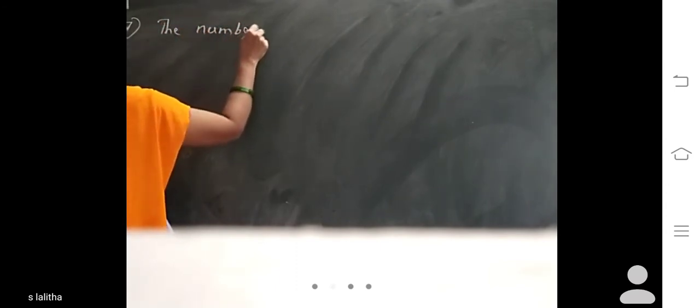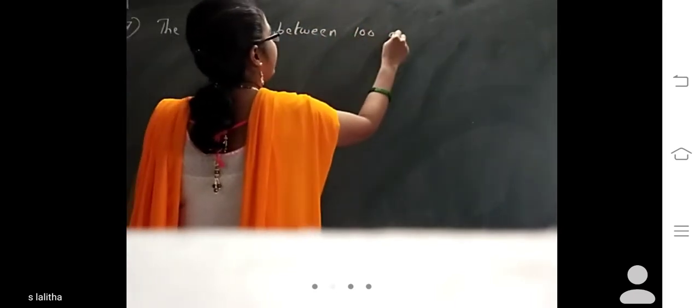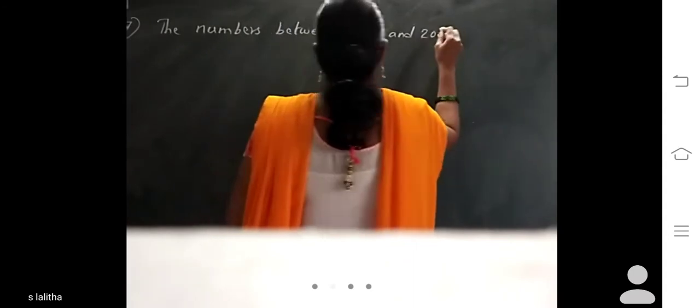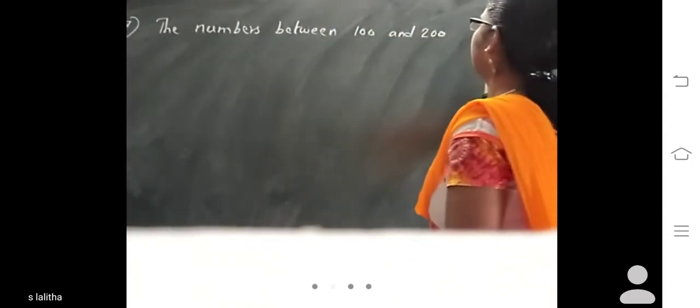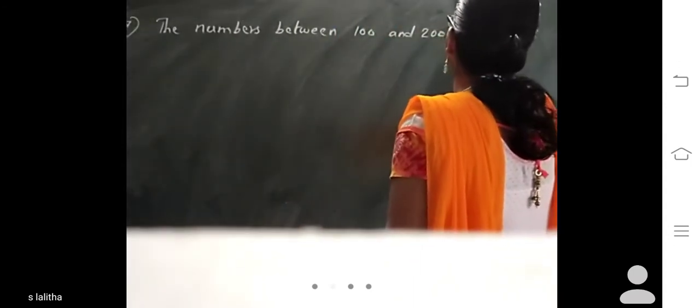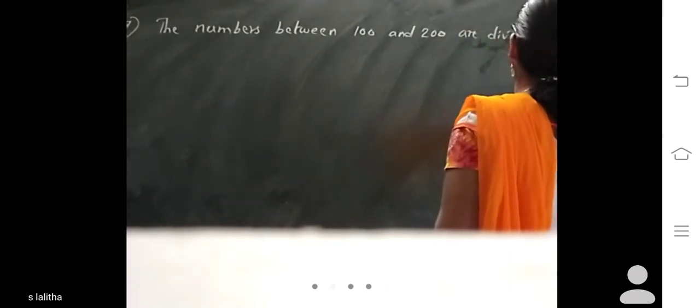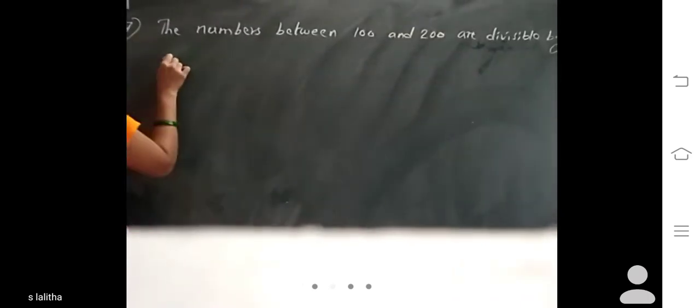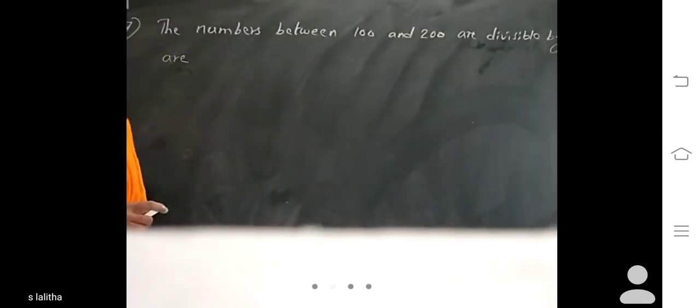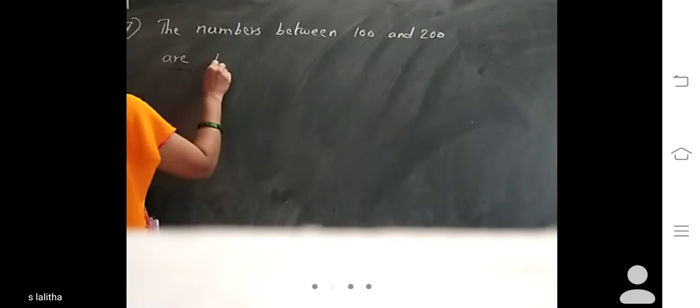What are the numbers between 100 and 200 divisible by 6? 102 is divisible by 6.